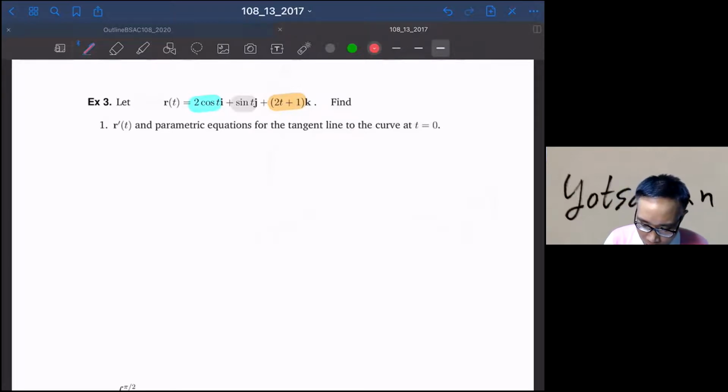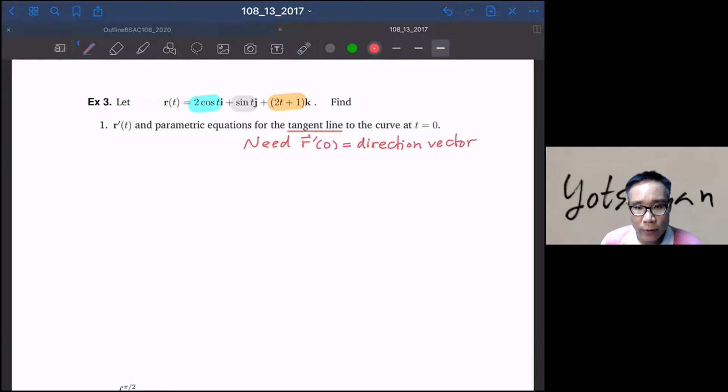In order to find the tangent line, it means that you're going to need r'(0), and this one will be the direction vector.